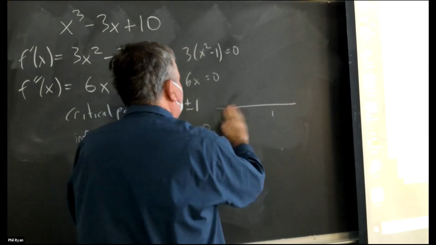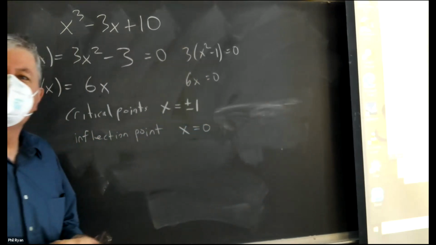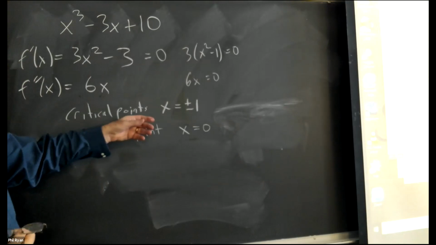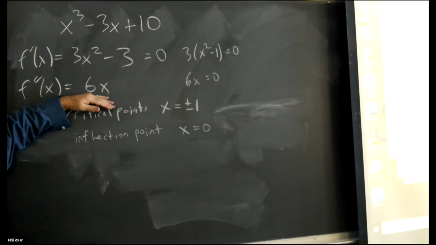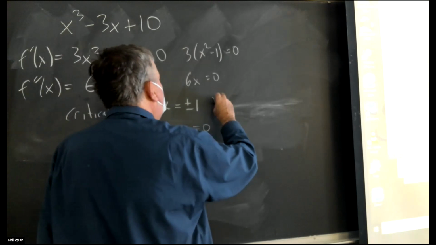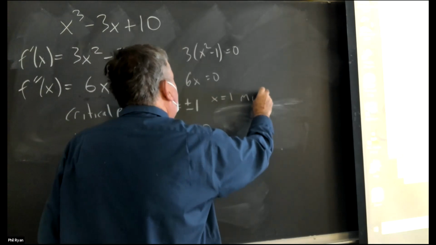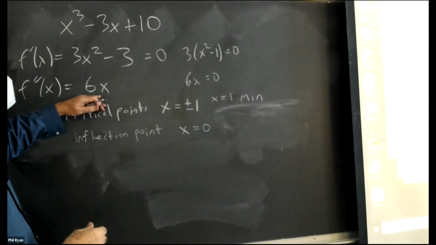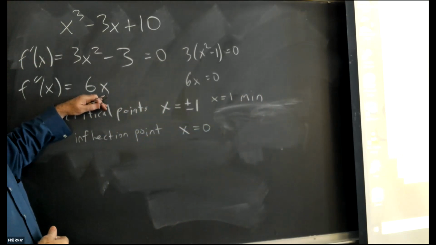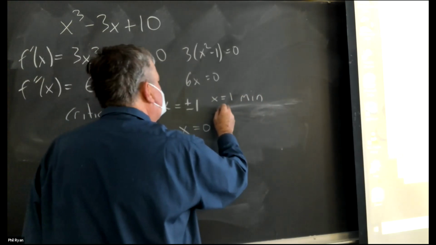For the critical points, you don't know what they are yet, but actually, we can do the second derivative test. What's the second derivative when x is 1? It's positive, right? So when x is 1, it's a minimum. When x is minus 1, the second derivative is negative, so it's a maximum.